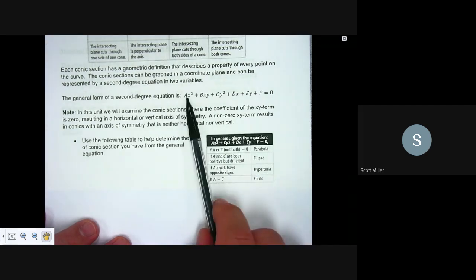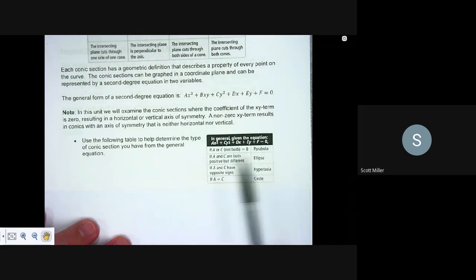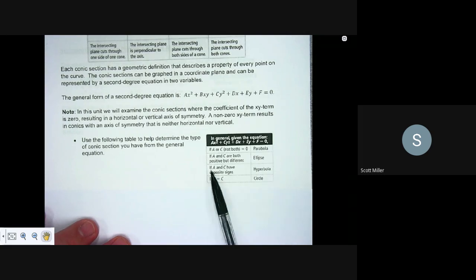That means you have either one x squared or one y squared. If they are both different and positive, you'll have an ellipse. If they're equal, you'll have a circle. And if a and c have opposite signs, then you'll have a hyperbola. So that's a quick way you can tell. And then I'll show you how these equations come about.